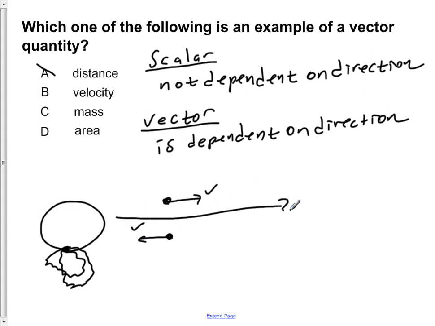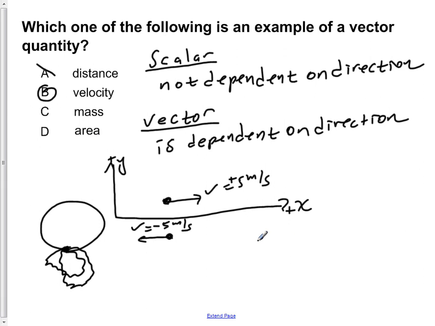If this was our positive x-axis here, and this was the positive y in the vertical here, we would say that this velocity here would have a velocity of positive 5 meters per second, while this velocity pointing the other way would have a velocity of negative 5 meters per second. So here we can see a dependence upon direction in this case. So B, velocity, is a vector.